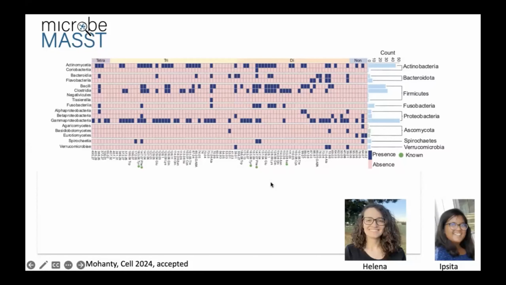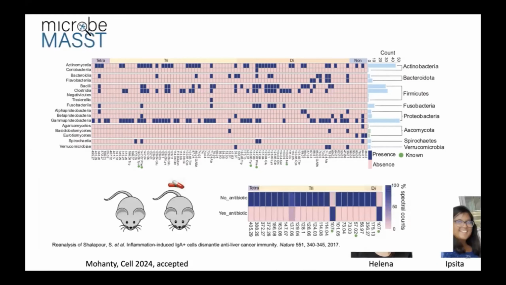Now, there's a second thing that we get when we do a MASST search. When we do a MASST search, we find data sets that have these same metabolites. And if there's some interesting metadata, you may be able to confirm that these are likely going to be made by microbes as well.